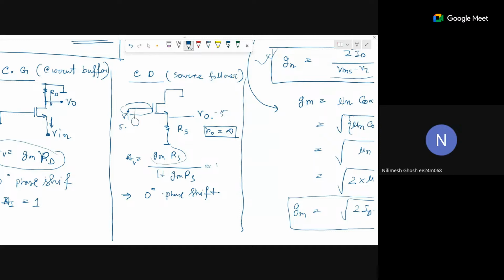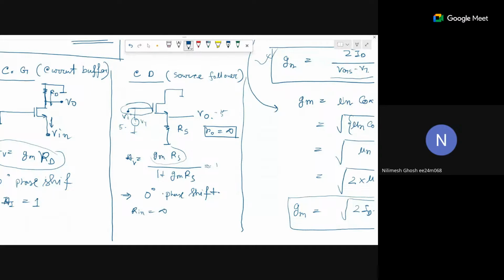So if we apply some test voltage here, we need to measure some current, right? Is there any current flow in the gate? No current flows, because the gate does not allow current to flow. It works like an insulator. So if no current is flowing, then R in is infinite.